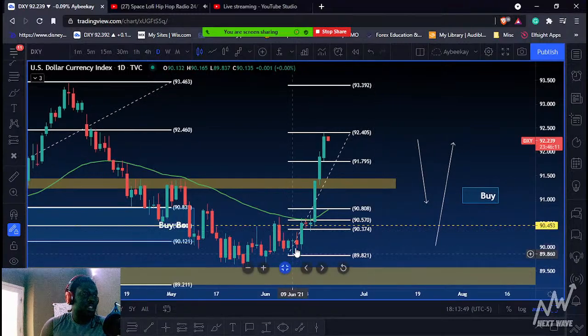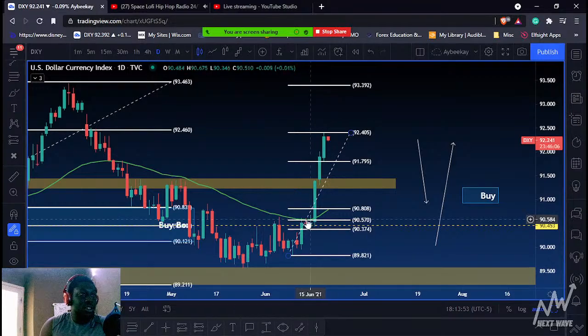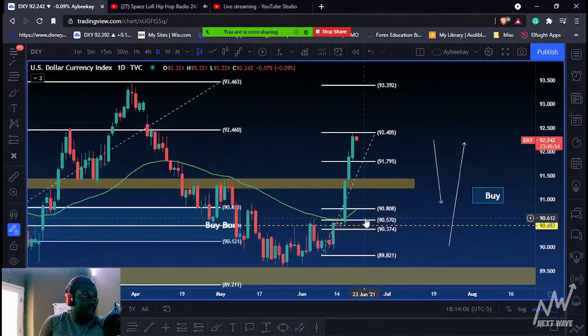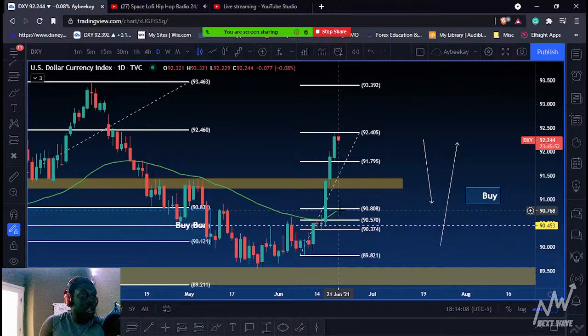This is where price really started going bullish. So price can definitely still come back into this 90.570 area. That's not what I would want to see, though, especially with this 50 EMA. I love how price broke the 50 EMA to the upside. That's a good sign on the daily time frame. So that's something that I'm gonna watch out for.